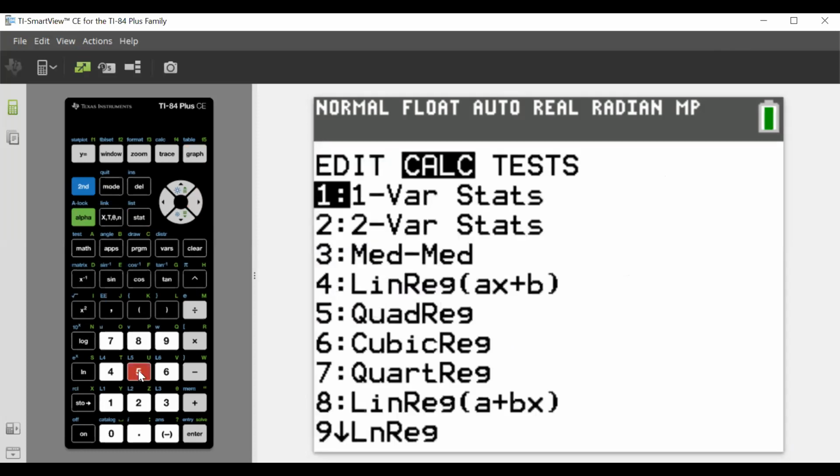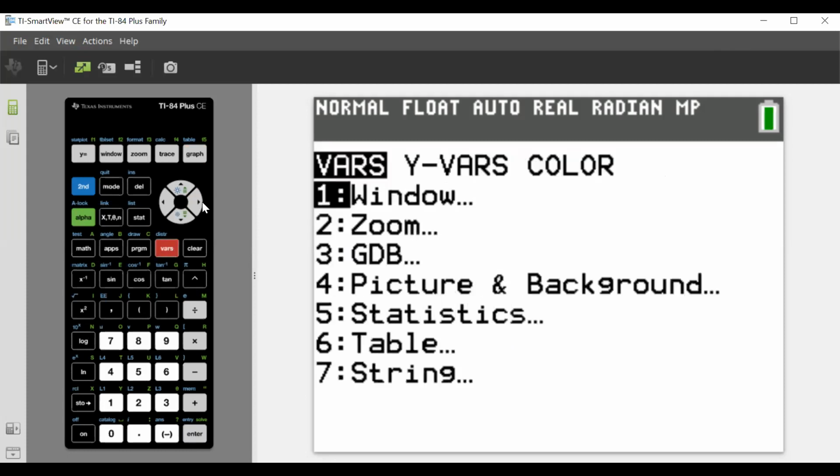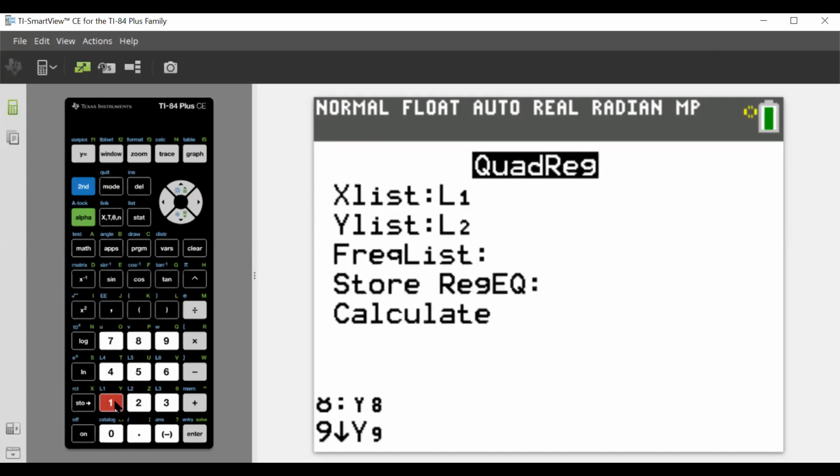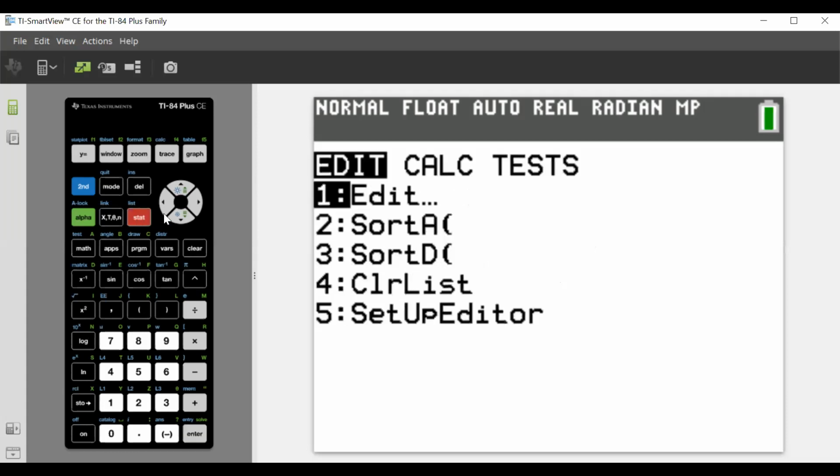So let's start with a quadratic, and let's put the quadratic in Y1. Okay, so our data is 0.0005x squared minus 0.036x, and then plus 1.952. Okay, now let's also do our exponential.